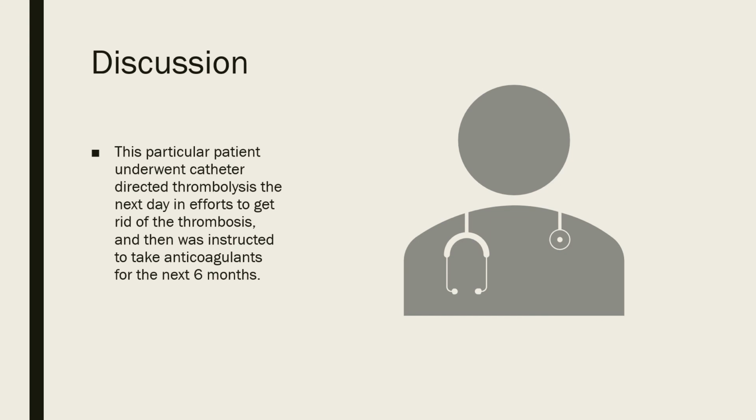Small amount of residual non-occlusive thrombus is remaining within the left subclavian vein and brachiocephalic vein. It is expected that the thrombus should resolve over time with adequate anticoagulation. This patient was kept in the hospital for a couple of days to ensure that he did not receive a PE, but then was sent home on anticoagulants and is supposed to follow up with his primary care physician.